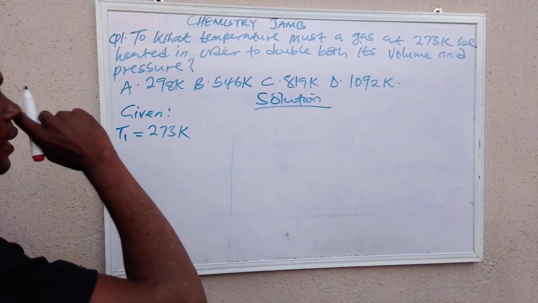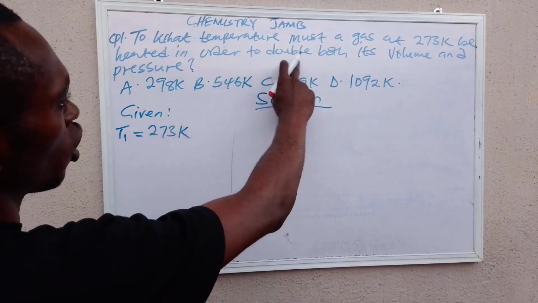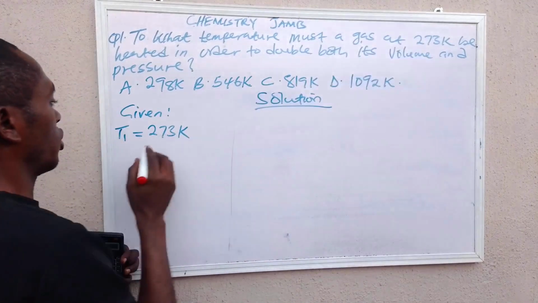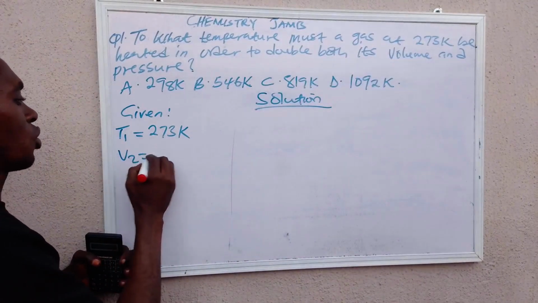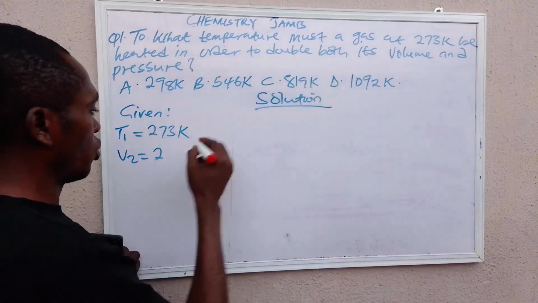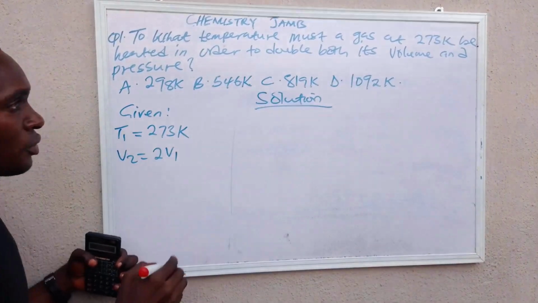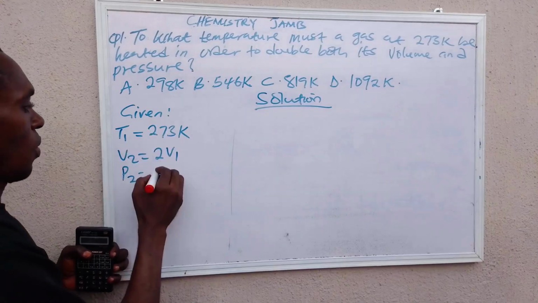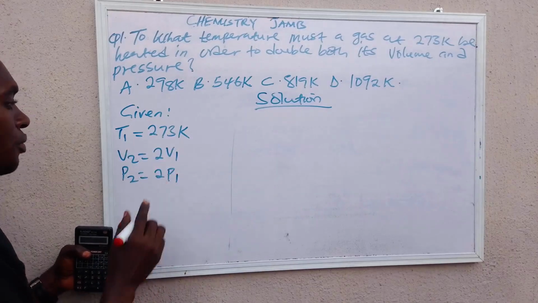So that means to double both its volume and pressure, to double V1, V2 is equal to 2V1. And for pressure, we also have P2 is equal to 2P1.